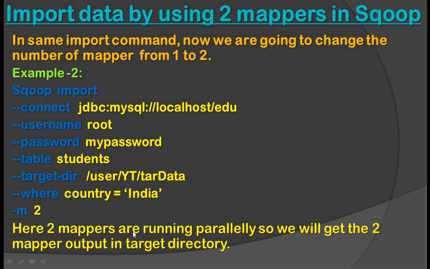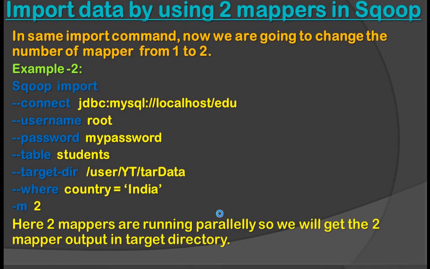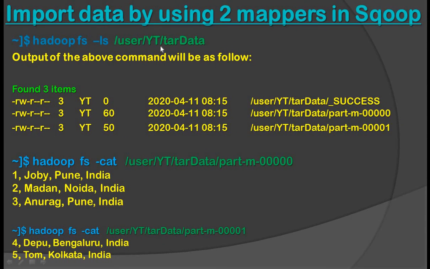Here two mappers are running in parallel, so we will get two mapper outputs in the target directory. When we list this target directory, we get these two mapper files because we are using two mappers.